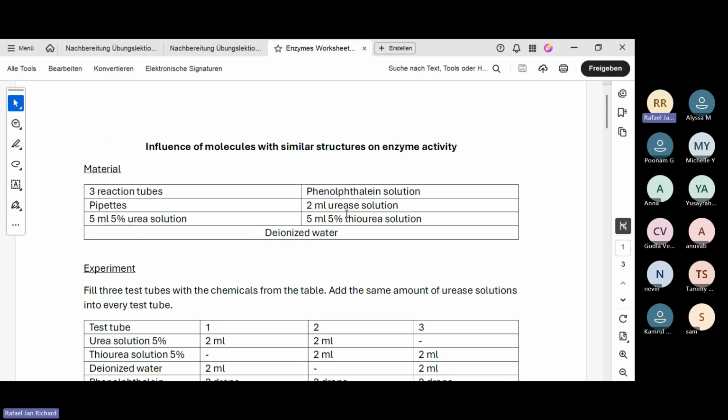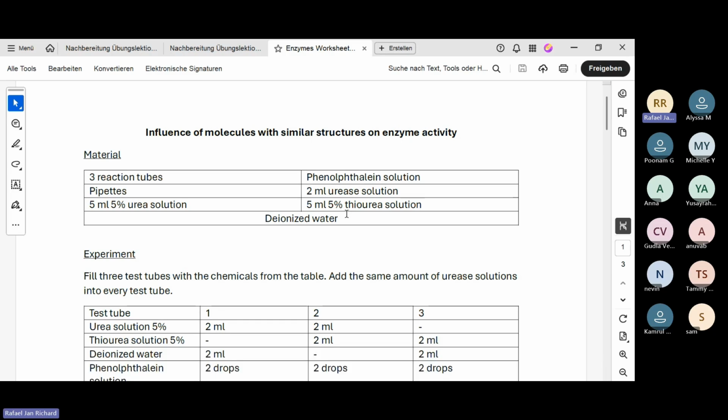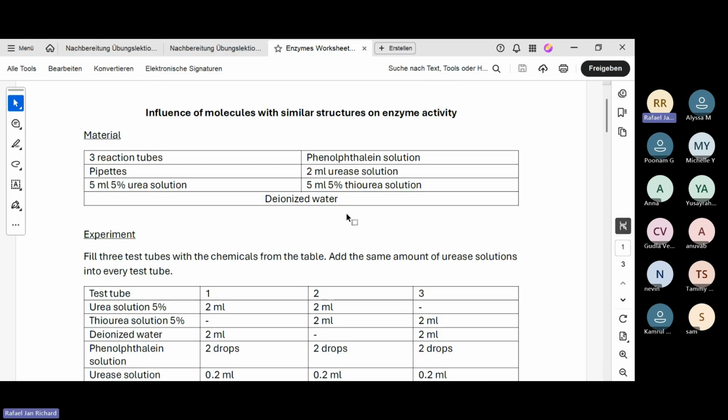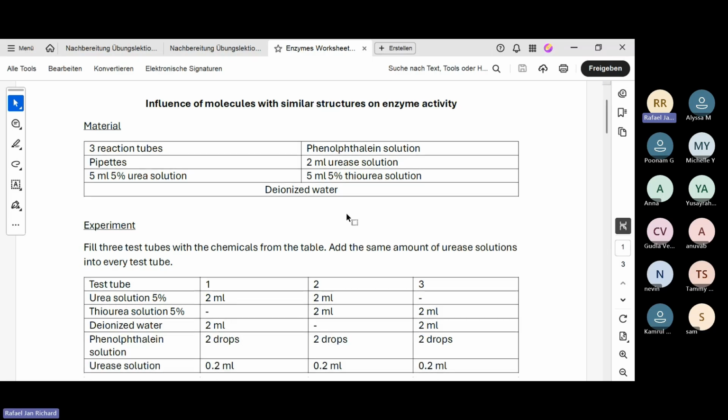Here is the description of an experiment. The first one is on the influence of molecules with similar structures on enzyme activity. So what happens if there is not just a substrate molecule present in a solution, but also one that has a very similar structure to the substrate molecule? Will that affect the reaction rate of an enzyme catalyzed reaction?